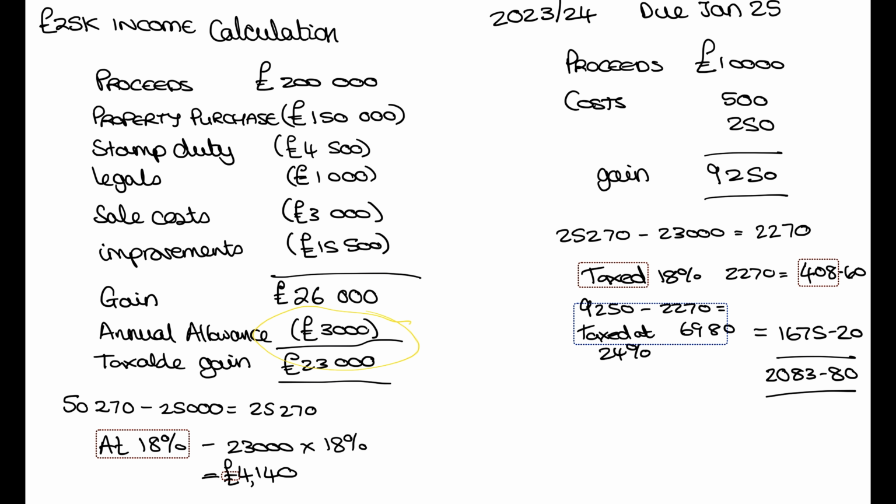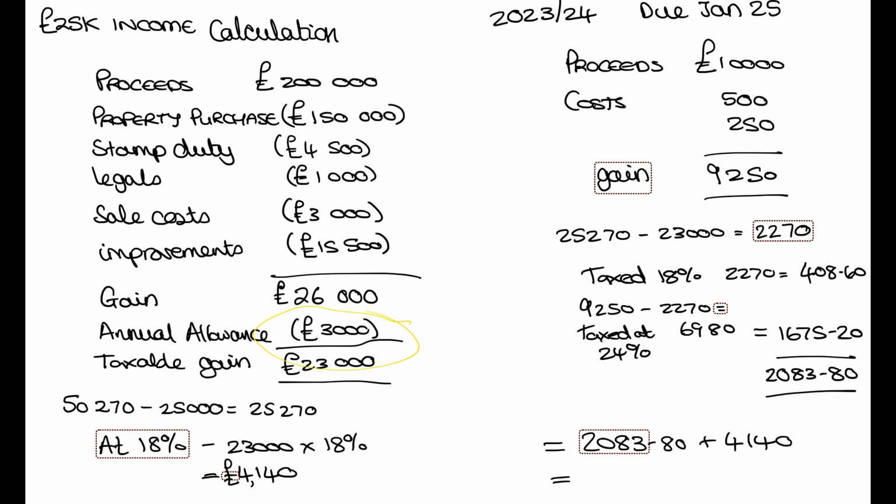Historically, the rates were 10 and 20%. That has now increased to 18 and 24% for other capital gains. The property side of things is the same as it has been, at 18 and 24%. So overall, for this individual, we are going to have 2,083.80 plus our 4,140, which will have been paid earlier in the year within 60 days.